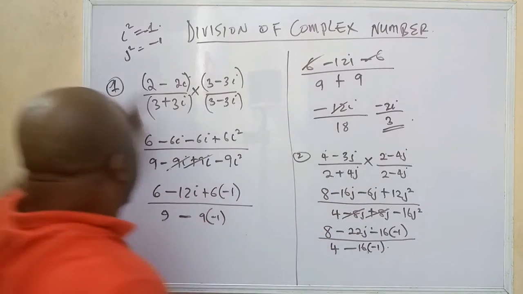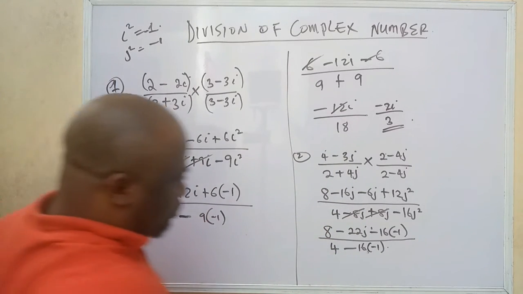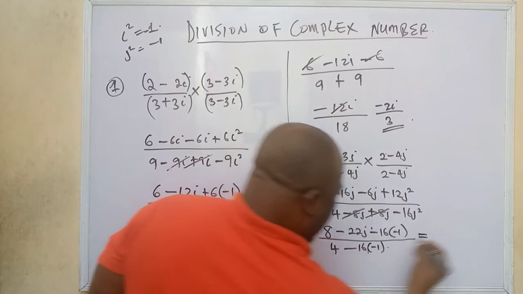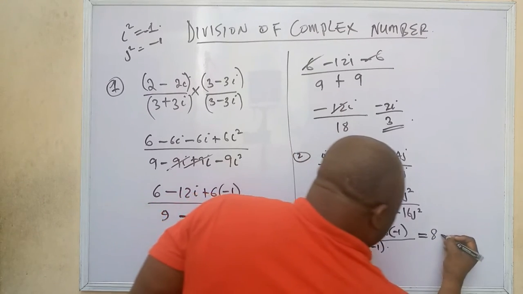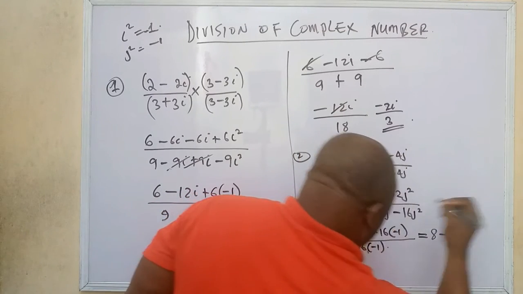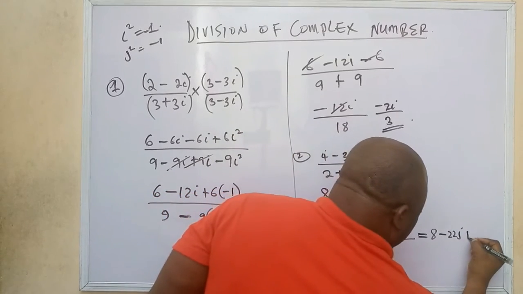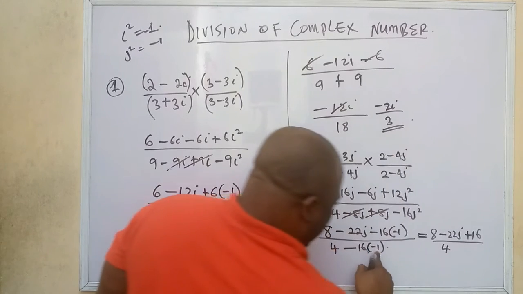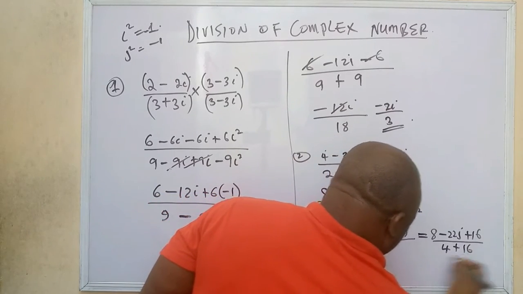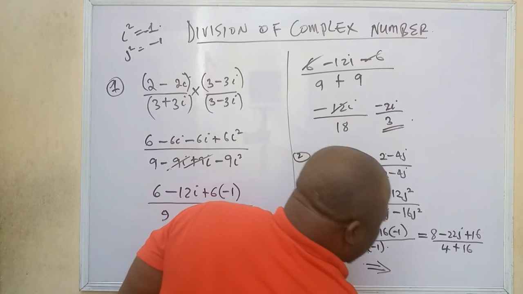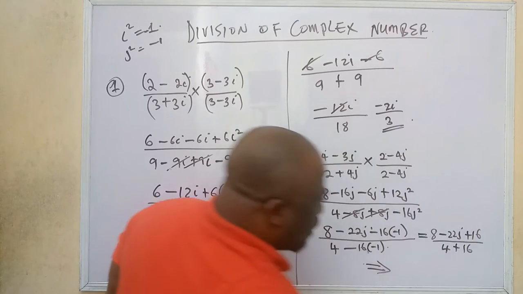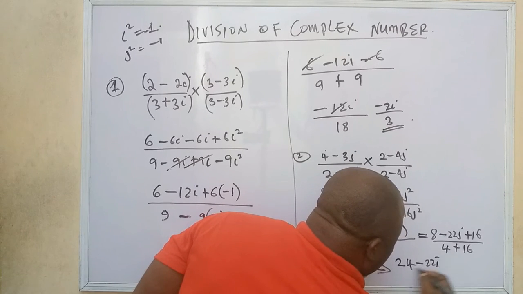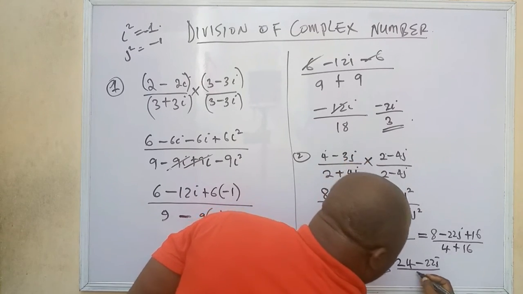So your i squared is minus 1 here, your j squared is minus 1. So here you can now sum it out. You have 8 minus 22j plus 12 all over 4 plus 16. So everything now gives us 24 minus 22j all over 20.